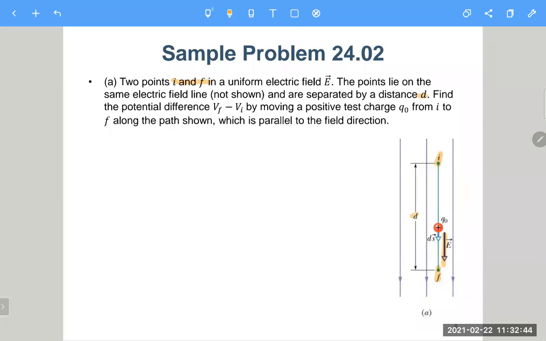Find the potential difference Vf minus Vi by moving a positive charge Q0 from I to F along the path shown, which is parallel to the field direction. So this is easy. Vf minus Vi is minus the integration of E dot ds from I to F.